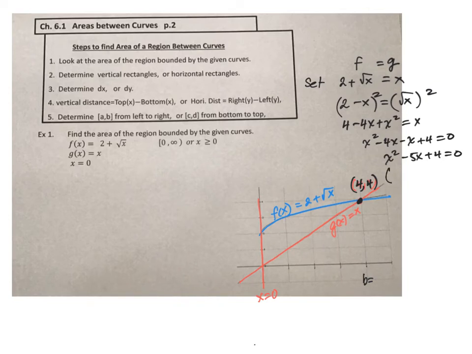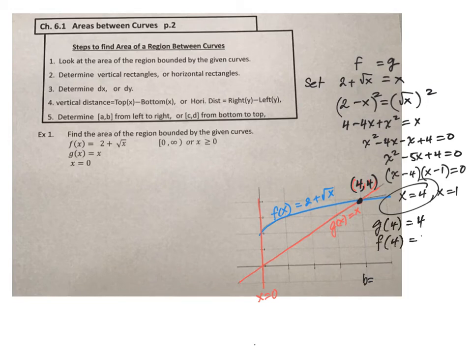And our factors are x minus 4 and x minus 1. So x equals 4 and x equals 1. And we can see that when x equals 4, g of 4 is 4 and f of 4 is also 4. So that is our point of intersection.